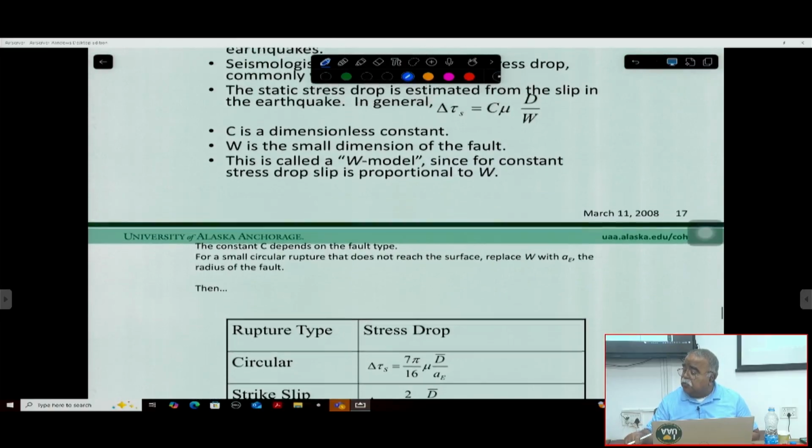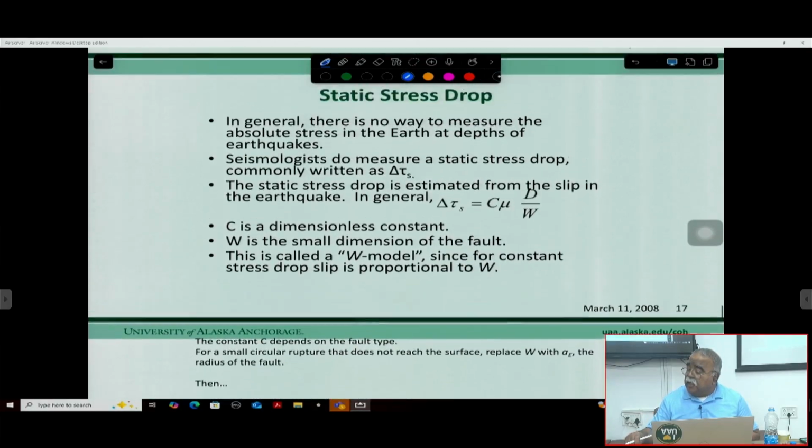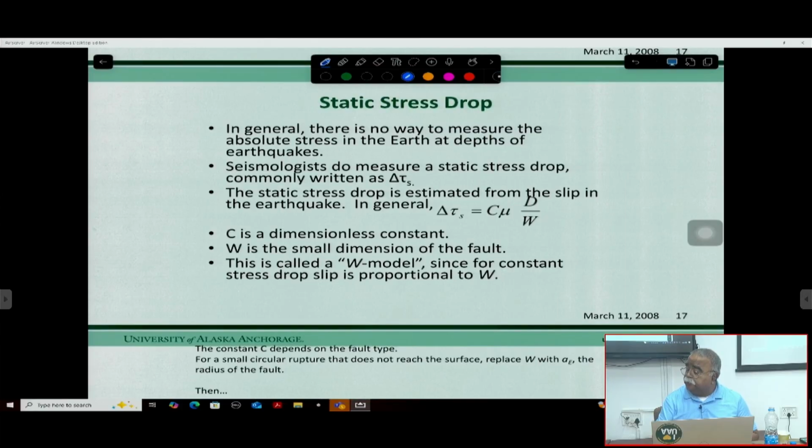Somebody was asking me about the stress drop part. So in case of your stress drop, this delta tau, which is the static stress drop, will be equal to d by w. So d is your rupture slip, and w is the width, and this is your mu.